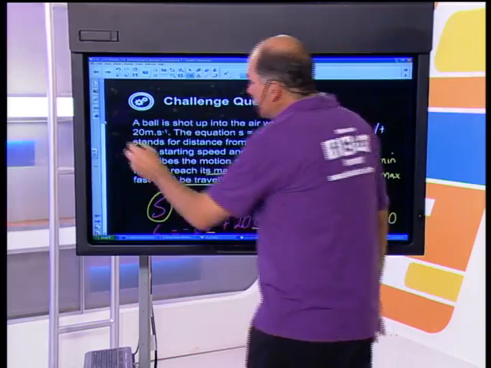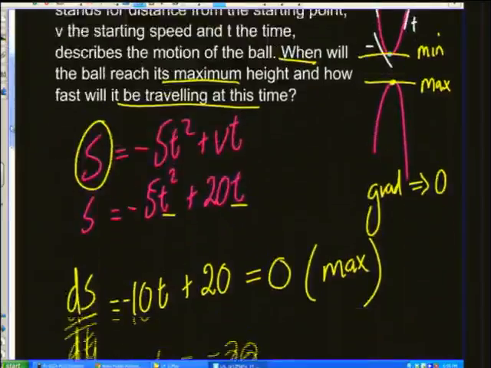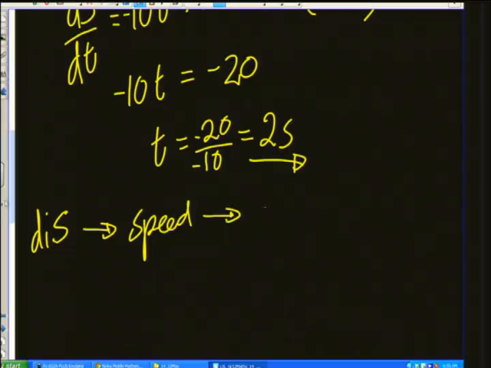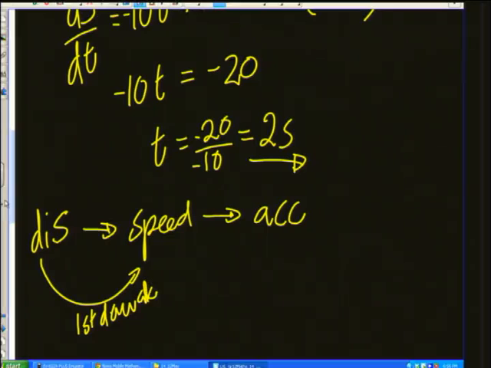And there's a relationship here, and I'm going to stop just for a minute and talk about the relationship between distance, speed, and acceleration. If you take this equation and you find the first derivative, you will get speed.